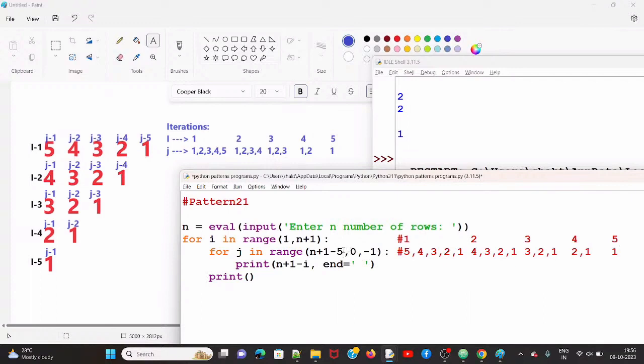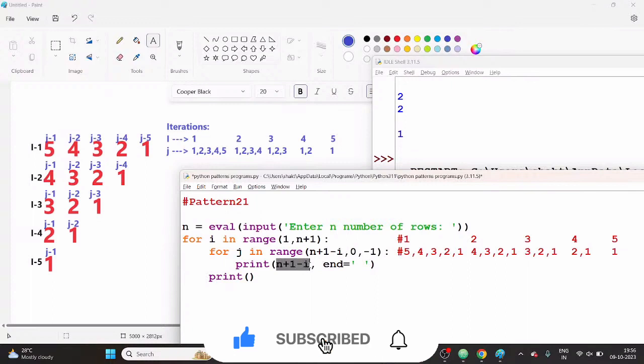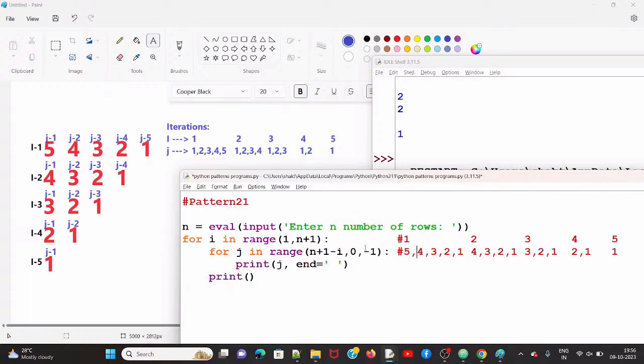That means we use i here, and then simply I'm printing j. That's all, guys. So j, all of you are clear now, right? How many times is j iterating? 5 times, right?